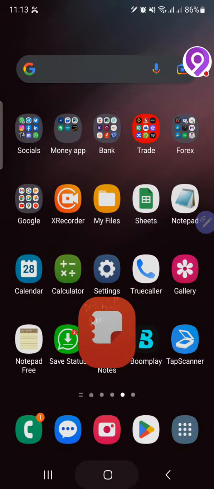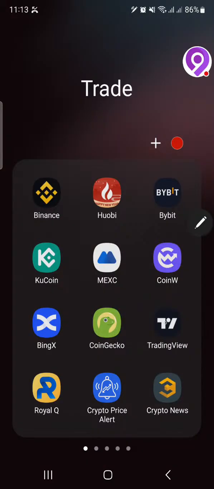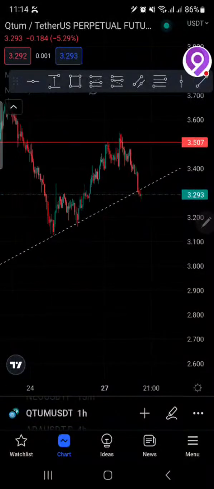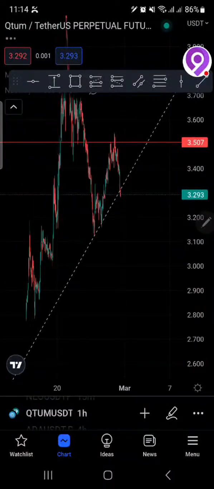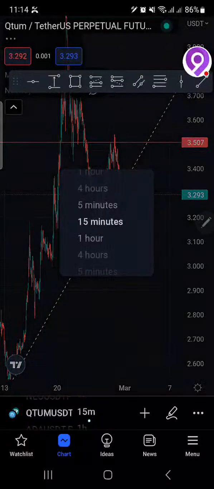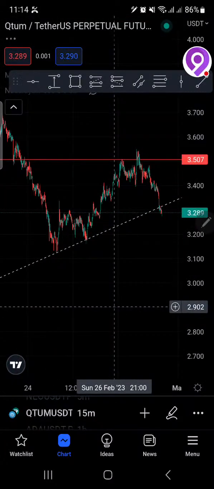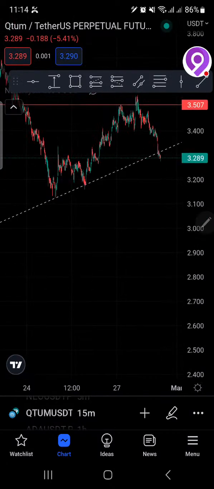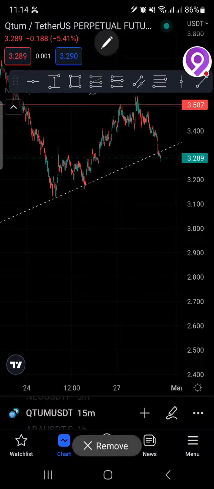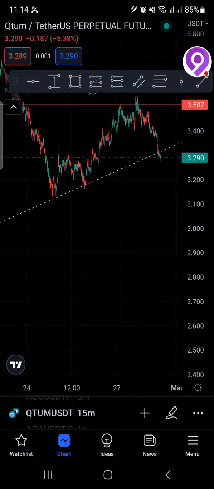So let's go to TradingView. Let's go to 15 minutes. Now let me tell you, firstly, let's quickly look at one of the advantages of dollar cost average, because it actually works hand in hand with this particular explanation.